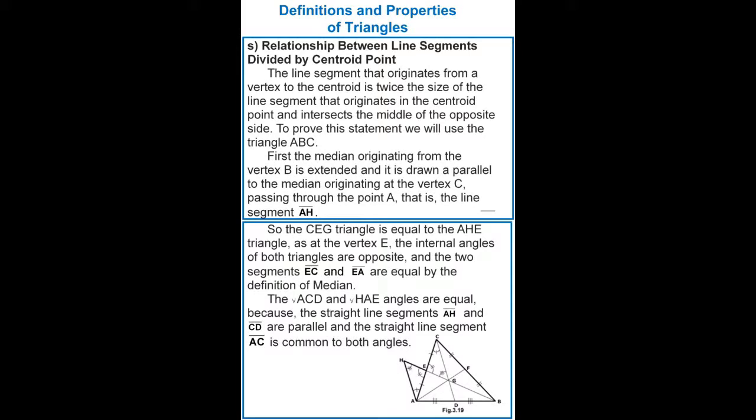On the other hand, the line segments AE and EC are equal by definition of the median that originates at the vertex B. Also, the ACD and HAE angles are the same because the straight line segments AH and CD are parallel, and the AC line segment is common to the two triangles.